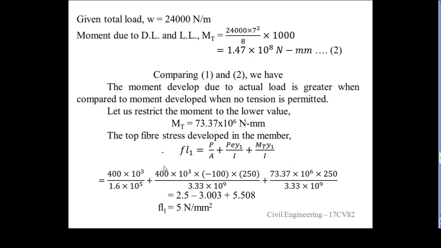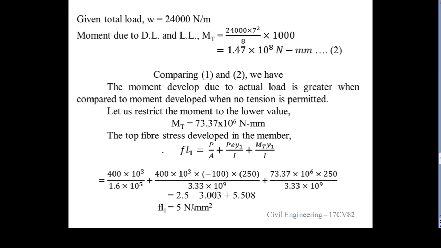Then substitute the P value and A value, that is 400 into 10 raised to 3 by 1.6 into 10 raised to 5, plus 400 into 10 raised to 3 into E equal to minus 100 into 250 divided by I equal to 3.33 into 10 raised to 9, plus 73.37 into 10 raised to 6 into 250 divided by 3.33 into 10 raised to 9.